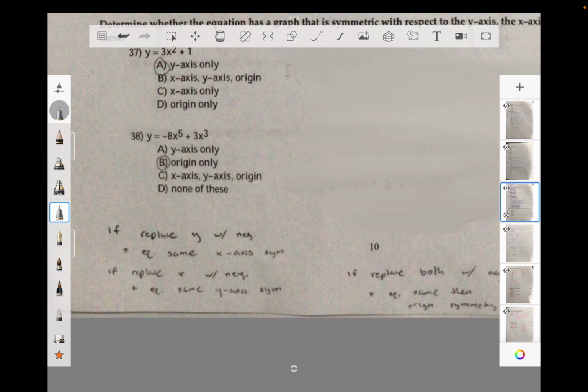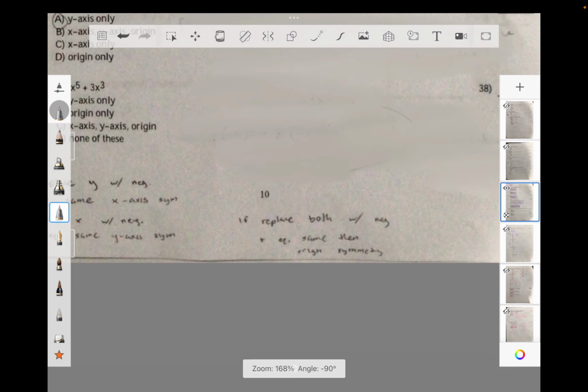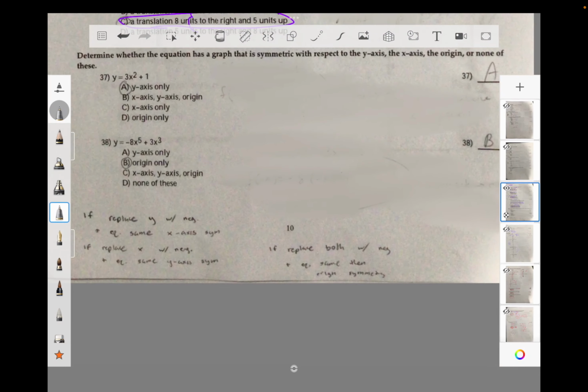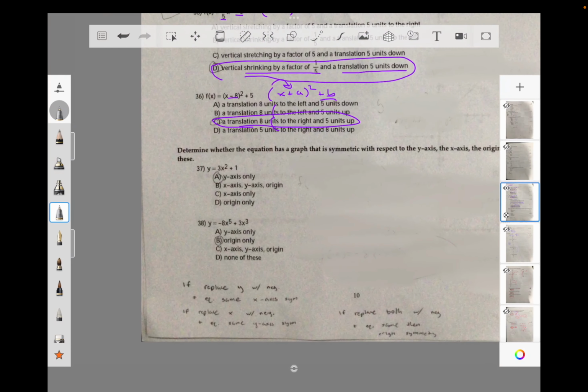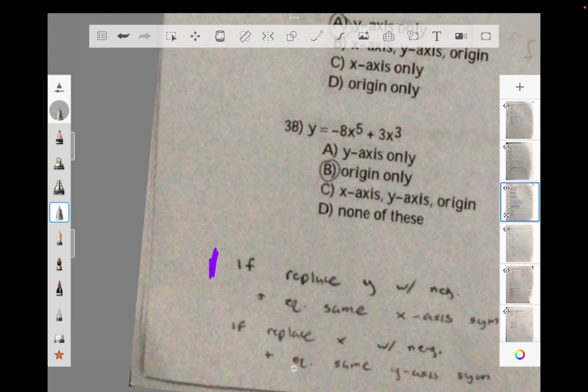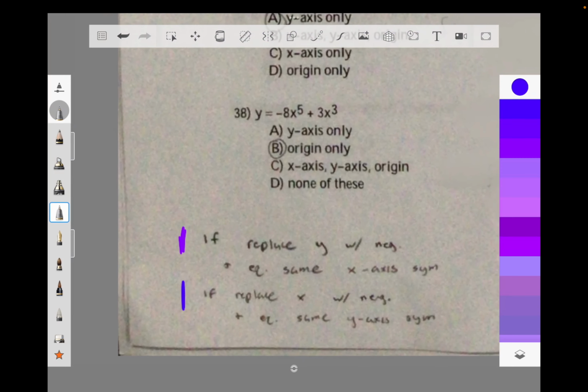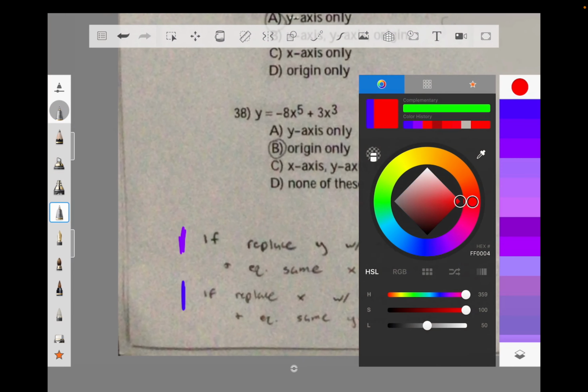For y-axis symmetry, if you replace the x with a negative and the equation stays the same, it's y-axis symmetric. And for origin symmetric, you replace both x and y with a negative, and if the equation stays the same at the end, it is origin symmetric. So I'll use purple for x-axis, I'll use blue for y, and I'll use red for origin.